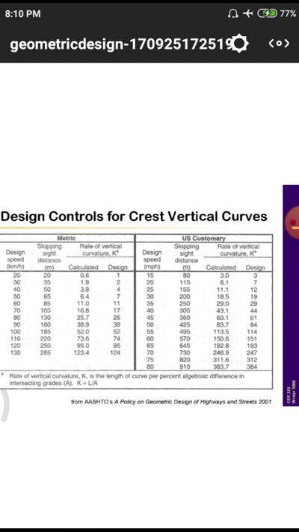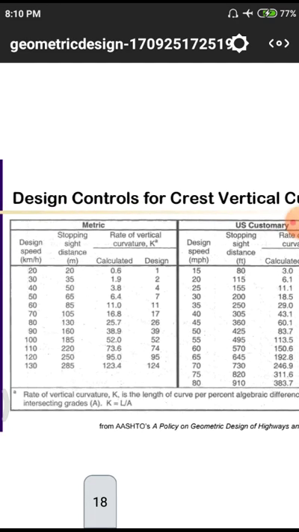After that, all those are the different formulas and values given by this IRC for different speed of vehicles. In different vehicles means cars, buses, trucks, these tractors and two-wheelers, three-wheelers, all we are having different vehicular speeds.